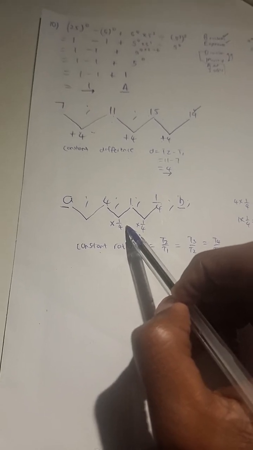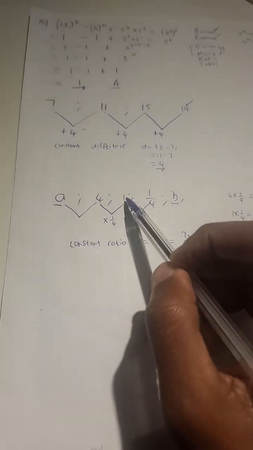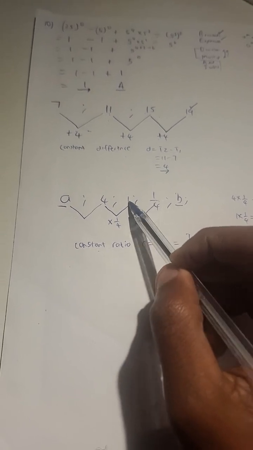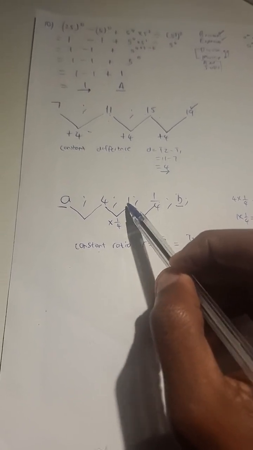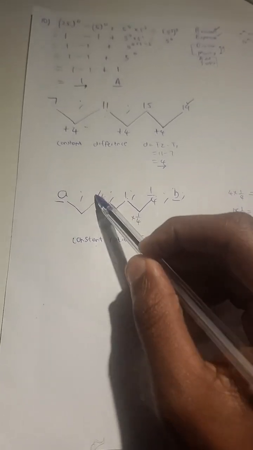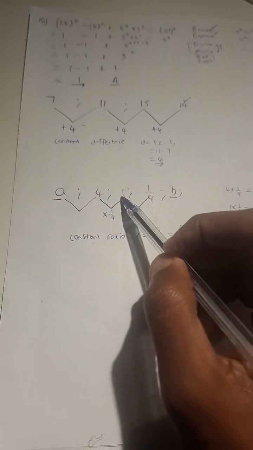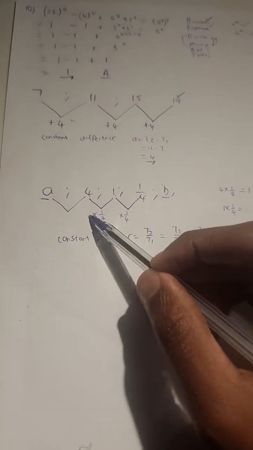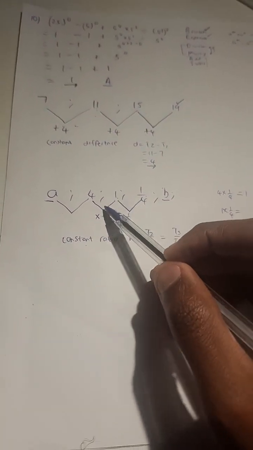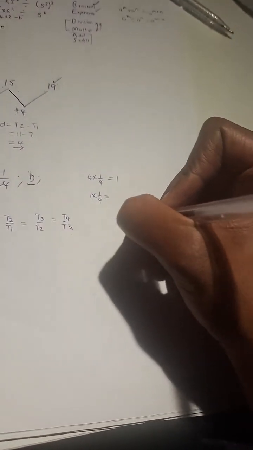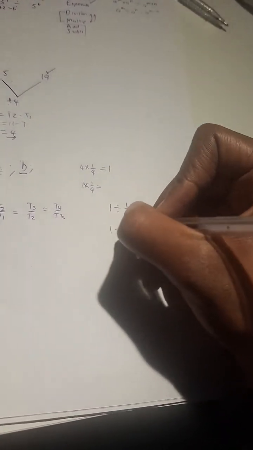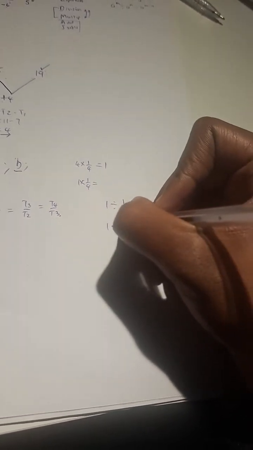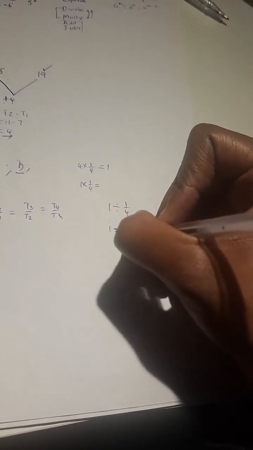Think about it this way now. If you're going in reverse, and going forward we are multiplying, it means in reverse we are doing the inverse of this operation. So we can say 1 divided by 1 over 4. 1 divided by 1 over 4 is the same thing as 1 times what? 4 over 1.